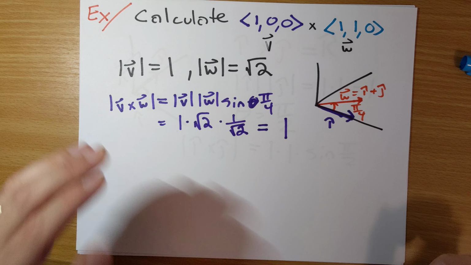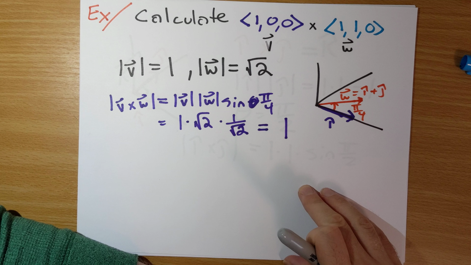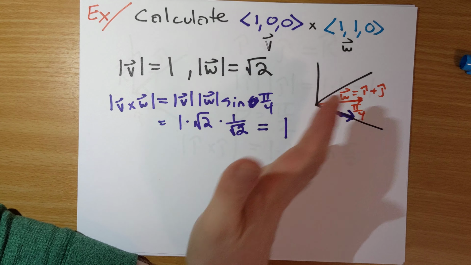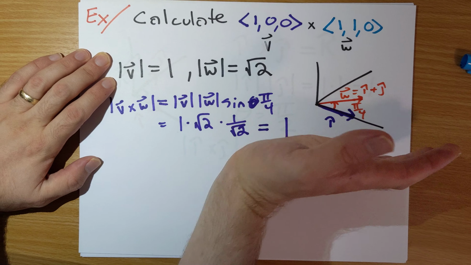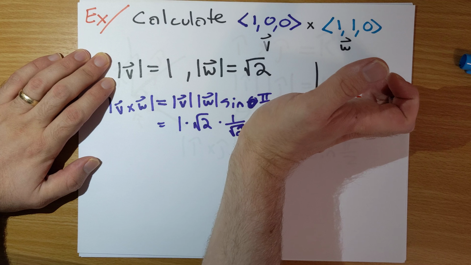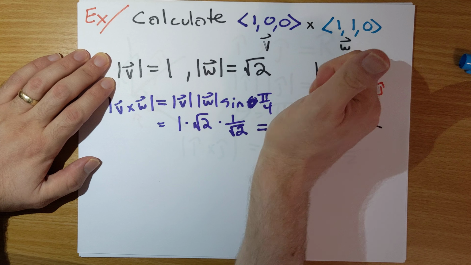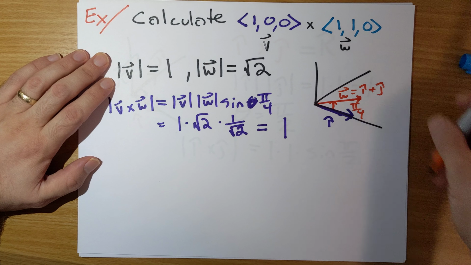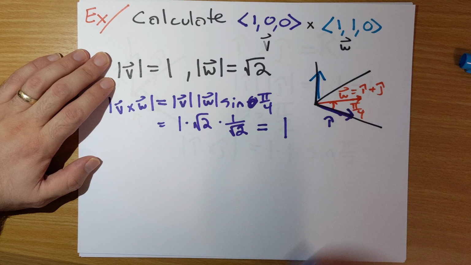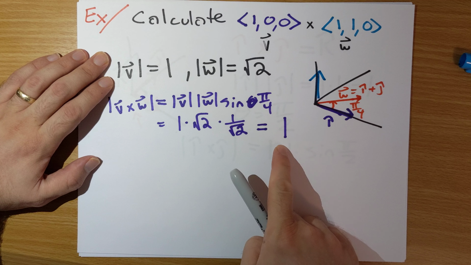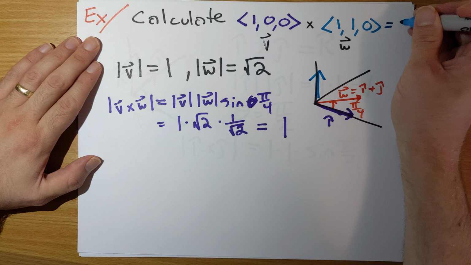So the cross product is going to have magnitude 1. And finally, once again, we point our fingers in the direction of v, I should say, curl them towards w. It's pointing out of the page, up in the positive z direction here. So we want a vector of length 1 in the positive z direction.